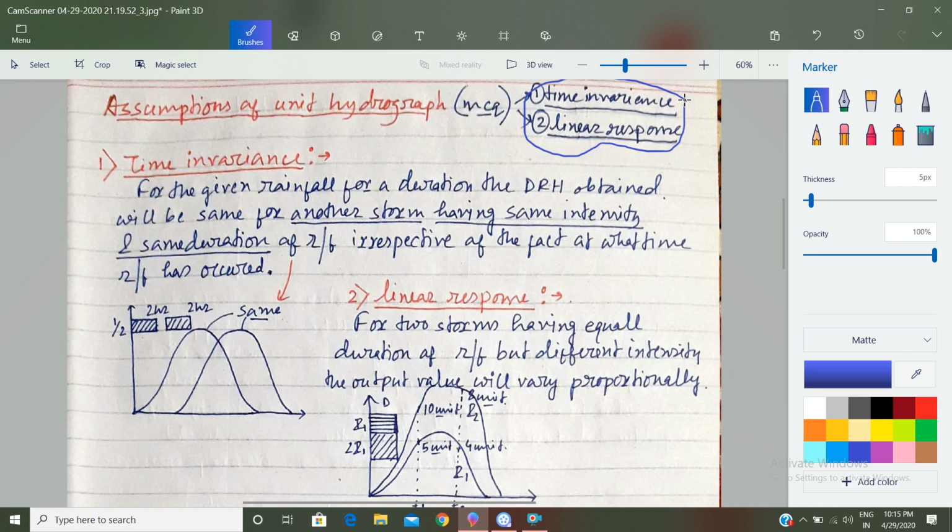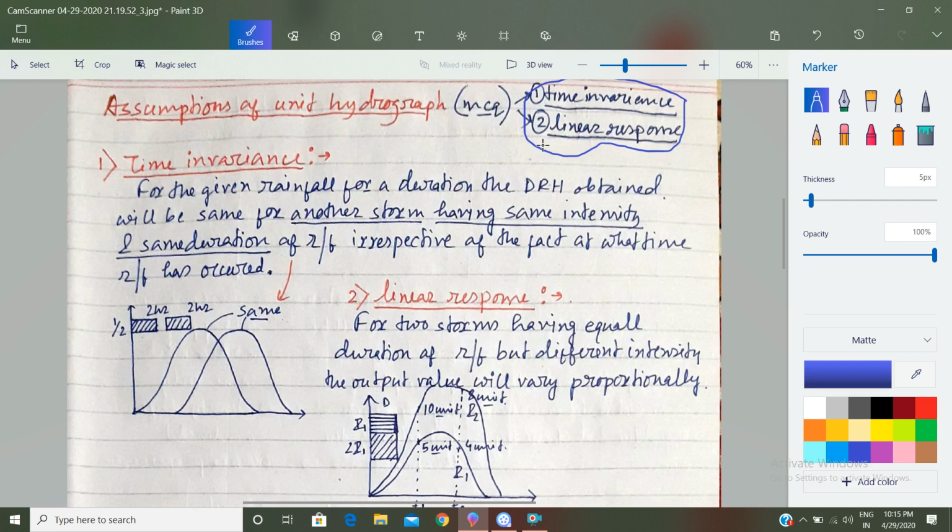I am repeating this: suppose a 2 hour duration storm occurred in a specified catchment. Then after 5 years, if a 2 hour storm with the same depth or same intensity occurs in the same catchment, the same hydrograph, the same discharge in the stream, will be there.